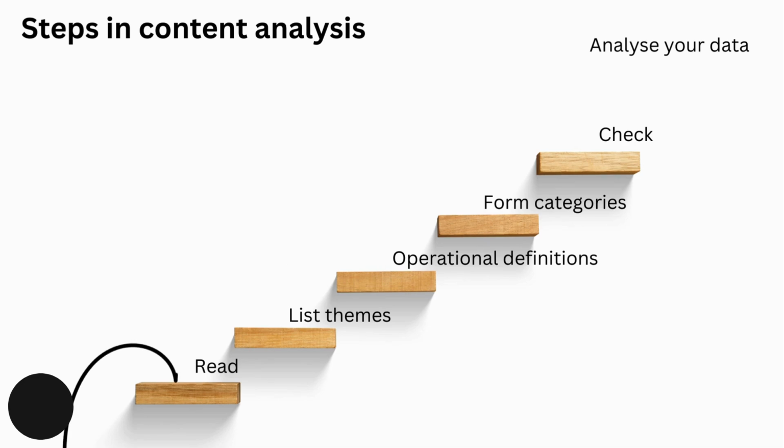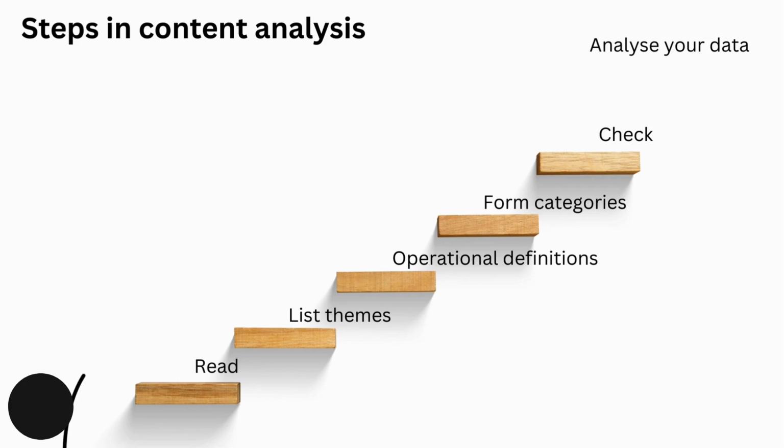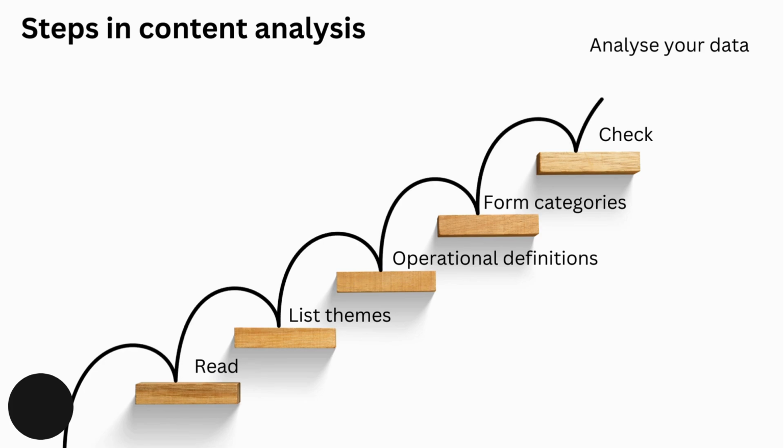Once you've listed the themes, you're going to read through the list and categorize each item in a way that describes what it's about. And here you are going to form operational definitions. You're going to use those operational definitions to code your data and place the information in a particular category.